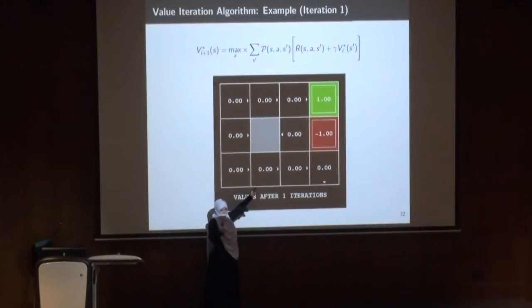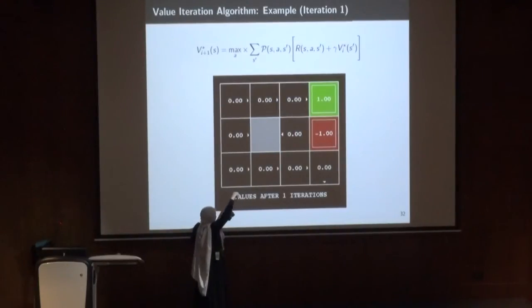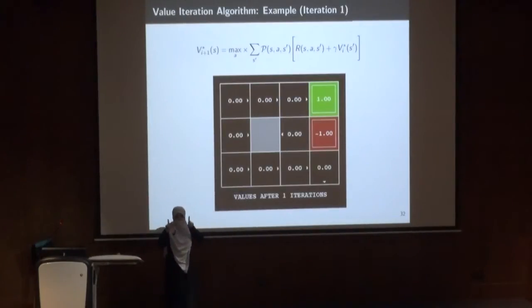I don't have a reward, and the value of the next states is 0. Then all this, P times R plus gamma V(S'), will be 0 for all the states. Then the value of the state will stay 0 at the first iteration. Clear?